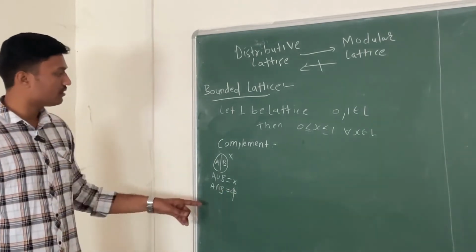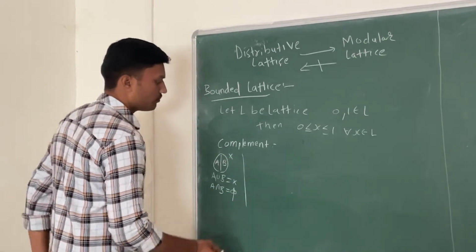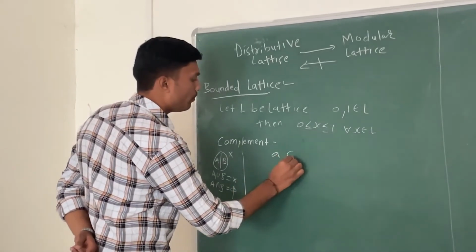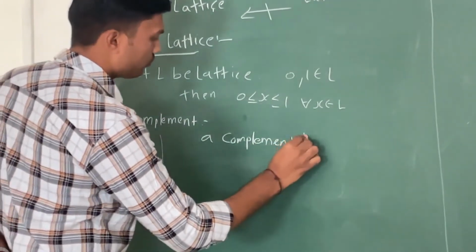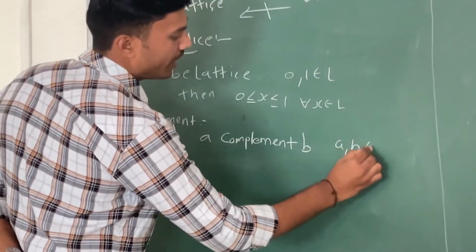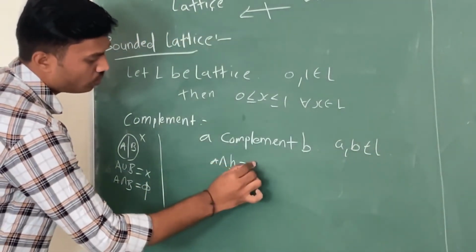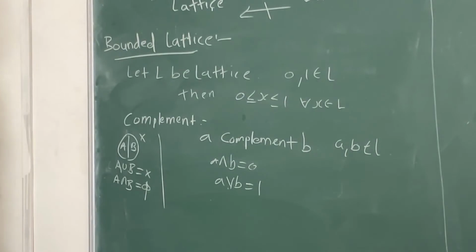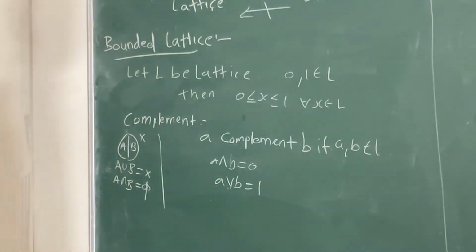Similarly, the definition of complement in a lattice is: we say A is complement of B, where A, B belong to lattice L, if A meet B is equal to 0 and A join B is equal to 1.